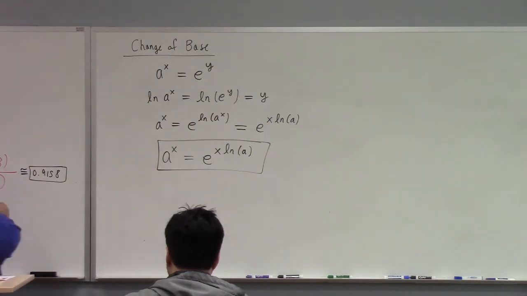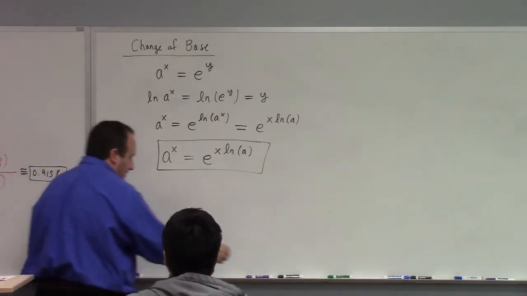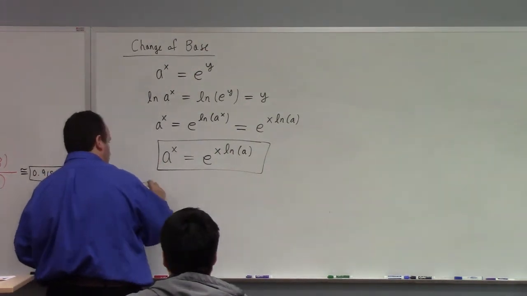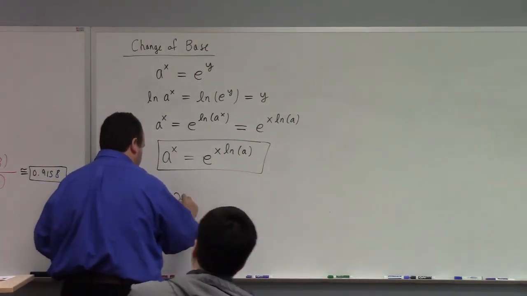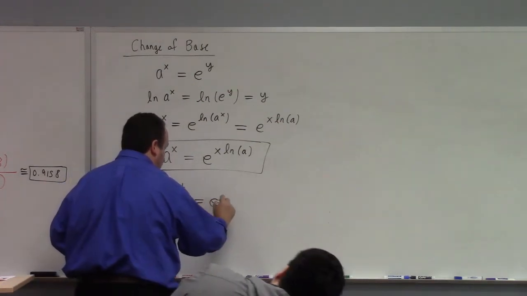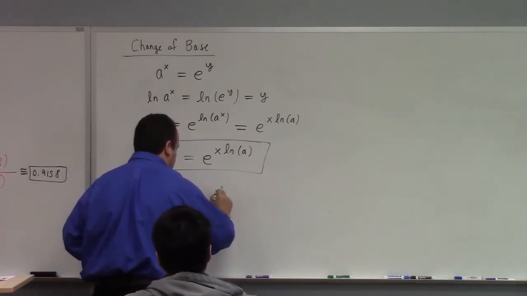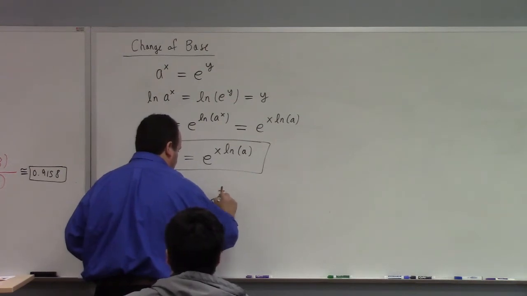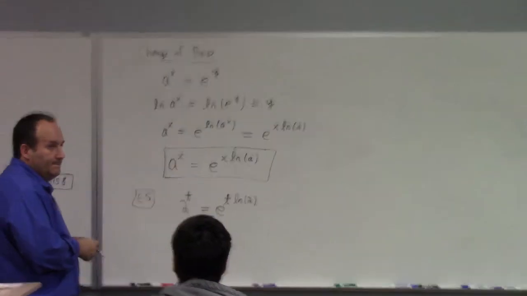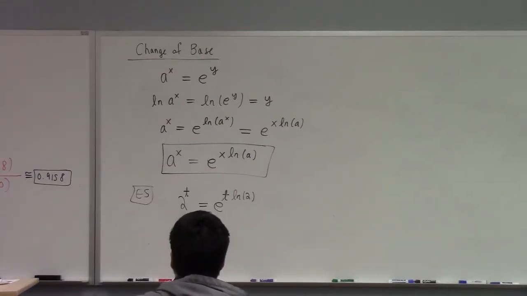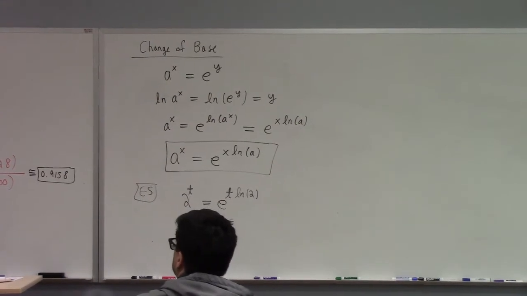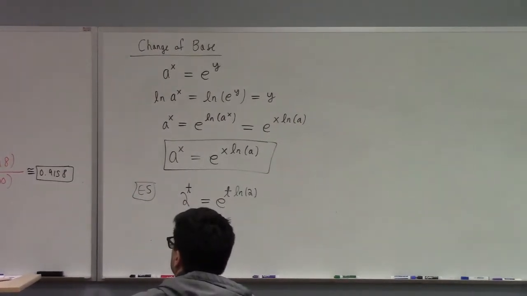An application of this, example 5: if I've got 2 to the power t, I can rewrite that as e to the t times the natural log of 2. You may have run across this if you've studied doubling time problems in chemistry or something. Sometimes this shows up there.